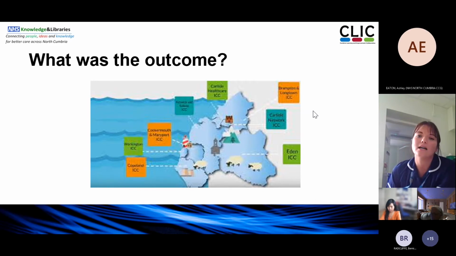Now we are looking at the data it's telling us: what impact has this system had on the way we work? So far it is making an impact on the future and how we manage our capacity, how we manage our patient care, and the well-being of staff as well.